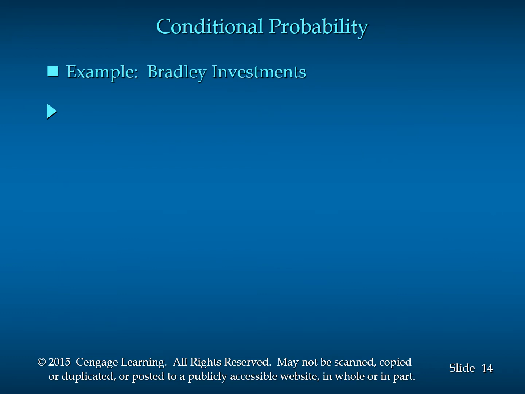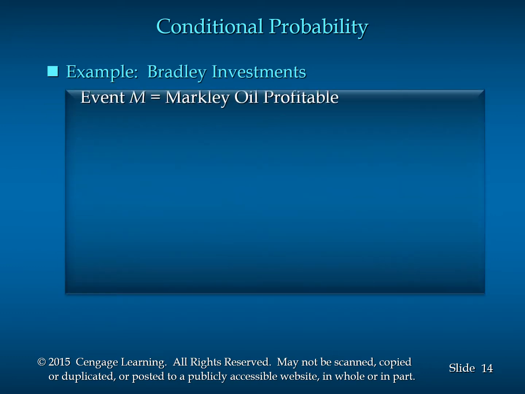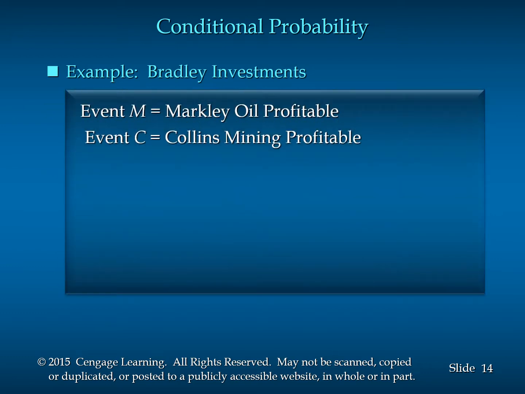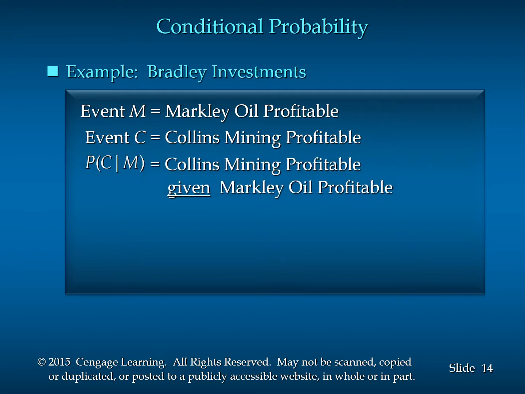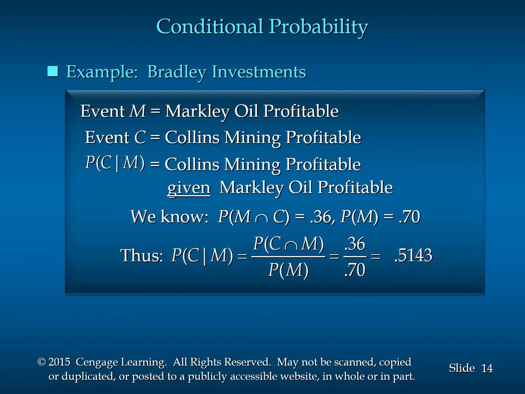Using the investment data, we can calculate the probability of mining being profitable given that, or conditional upon, the oil stock being profitable. Using the separate values we've already calculated, then that probability of mining stock being profitable, C, conditional on oil stock being profitable, M, gives us a probability of 0.5143.